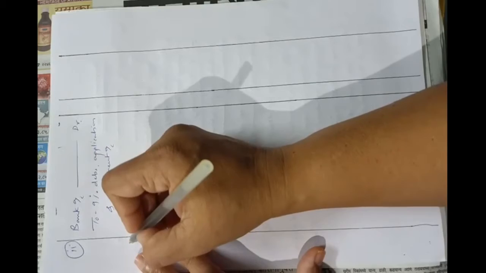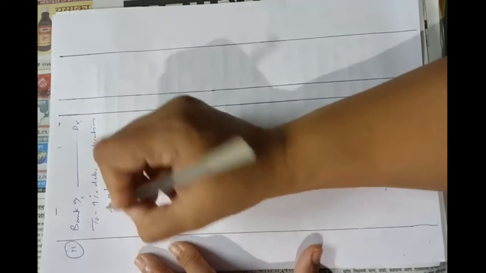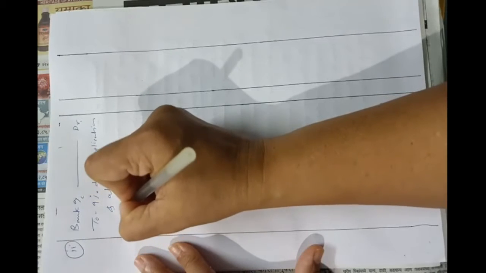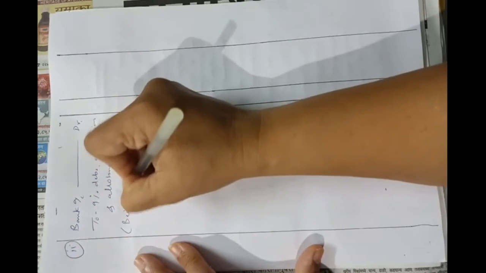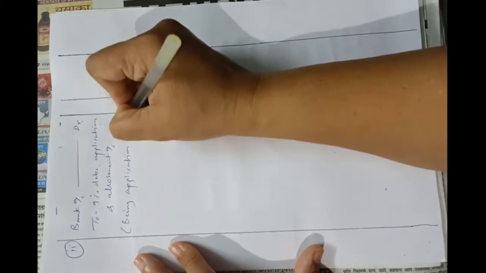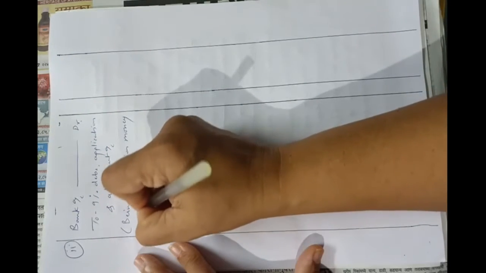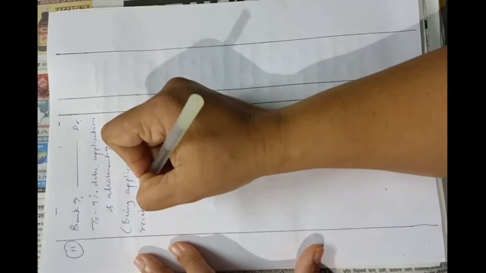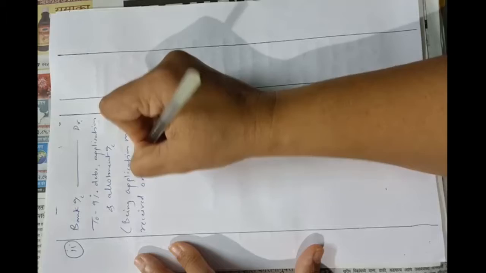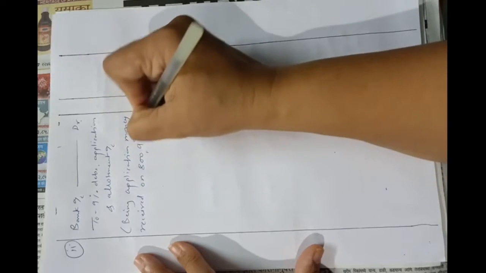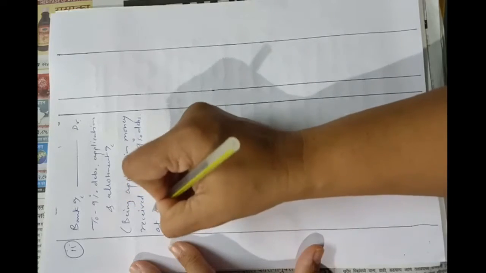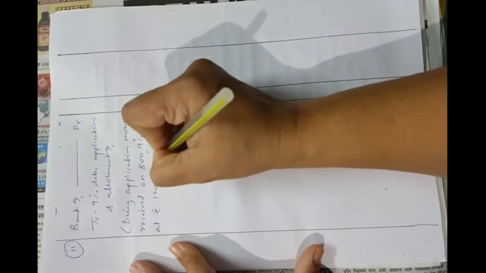And narration will be being application money received on 800 9% debentures at rupees 120 each.